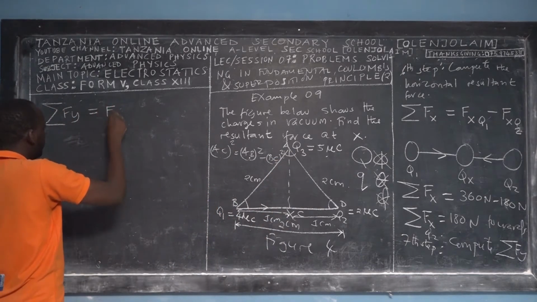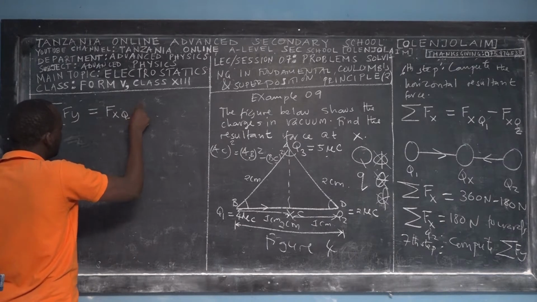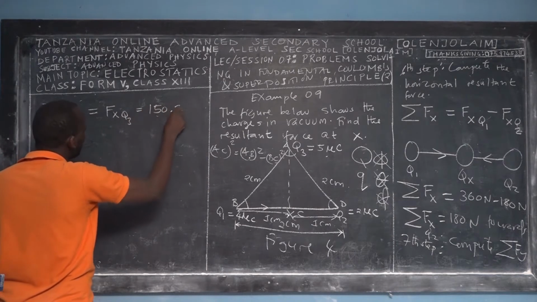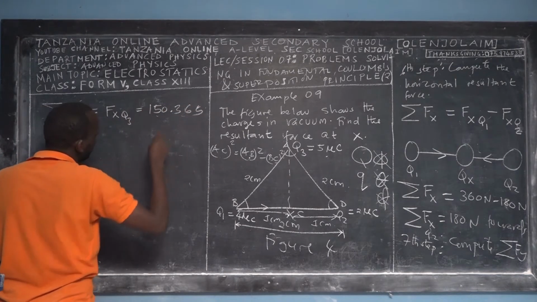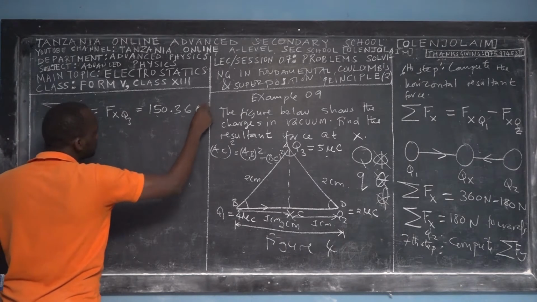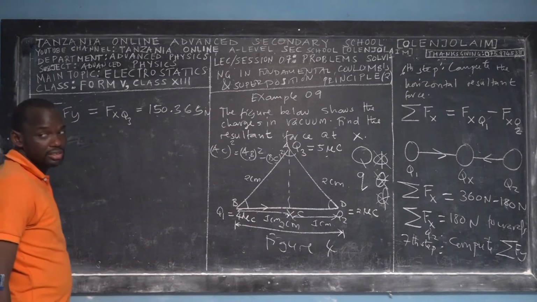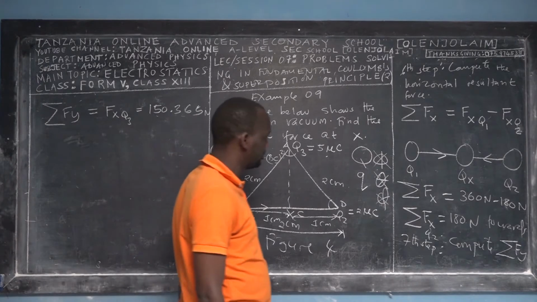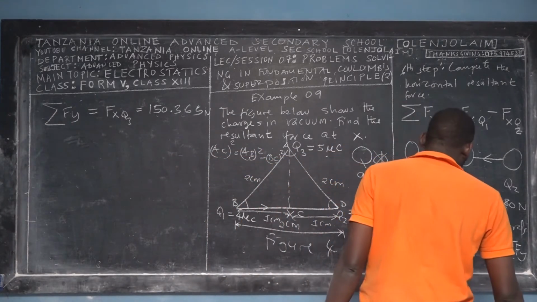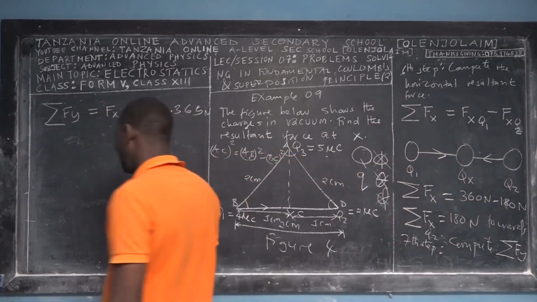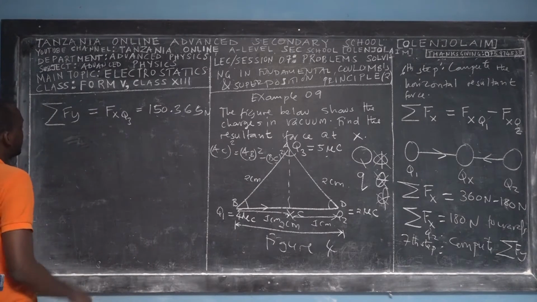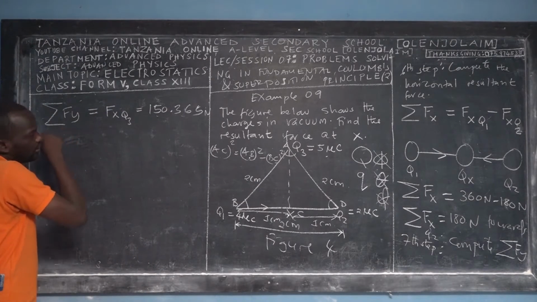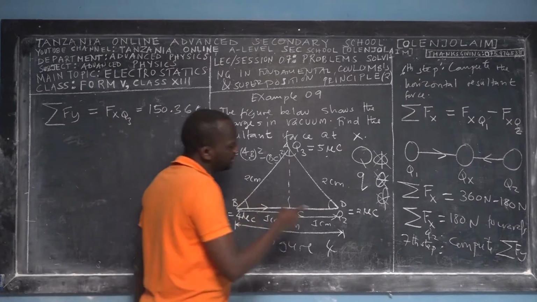So this is equal to force on X due to Q3, and this is 150.365, if I'm not mistaken, Newton. Right? So then, my students are not even touching the calculator, they just agree. Then, what do you say? We say that you find. So we have this resultant here, okay?